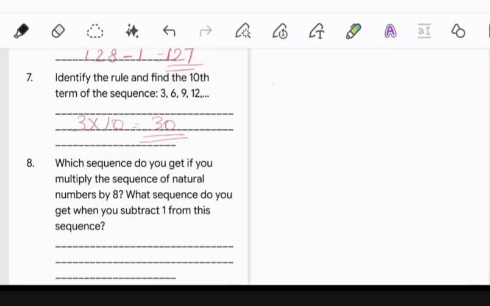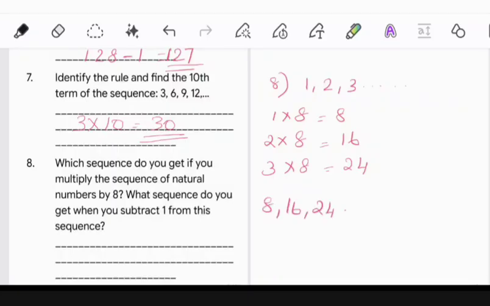The natural numbers are 1, 2, 3, etc. Multiplied by 8 gives the sequence: 1 into 8, that is 8. 2 into 8, 16. 3 into 8, that is 24. So the first answer is 8, 16, 24, etc. You can find the next numbers also.